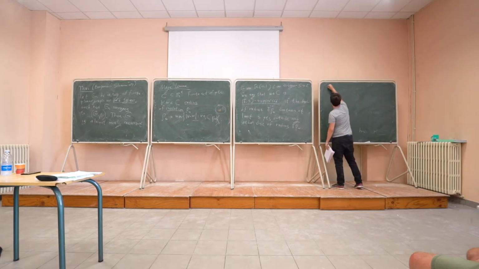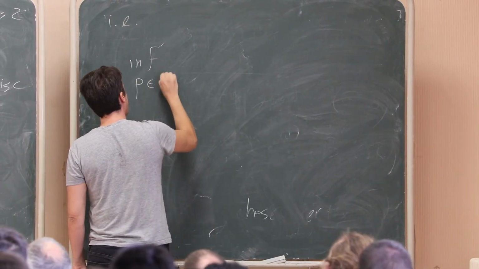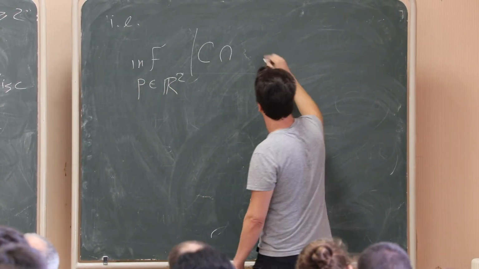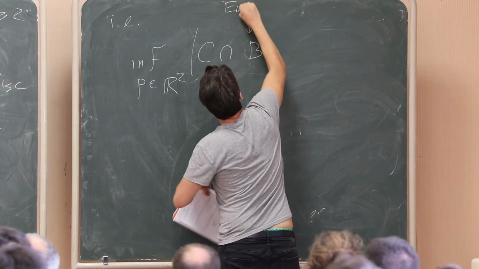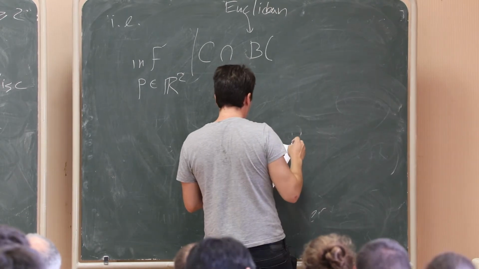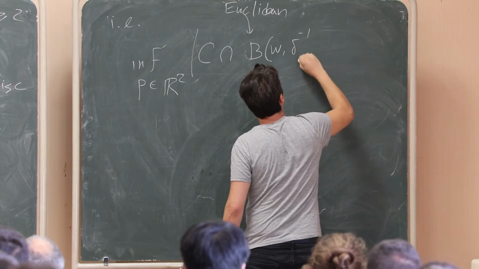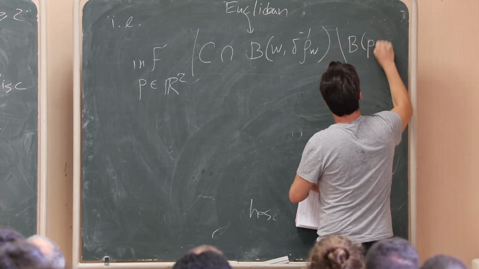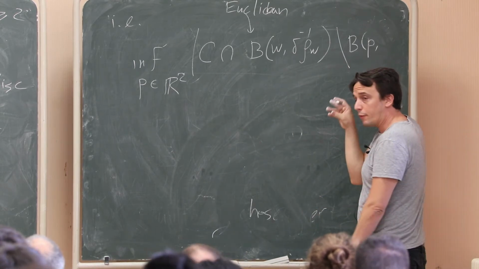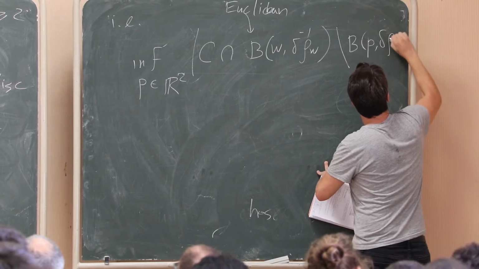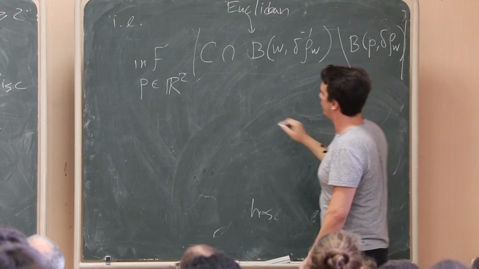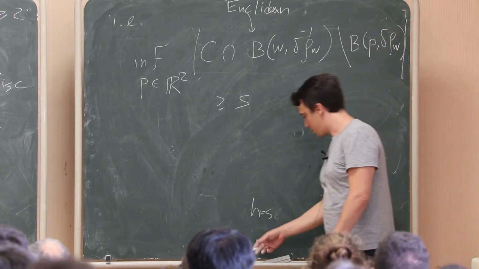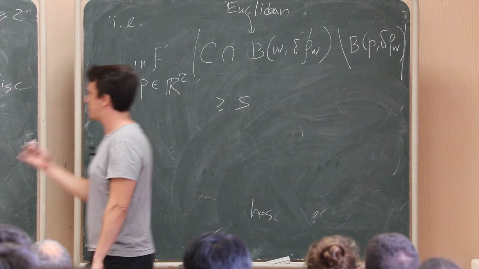This means the infimum over all the points in R2 of the cardinality of all the points that are in the Euclidean ball around W of radius delta minus 1 rho W, minus the ball around P, some arbitrary point that we're taking the infimum of, a much smaller ball, delta rho W. All of this cardinality has to be bigger than S. Okay, this was not just hard to define, not just hard to understand, but also hard to write.